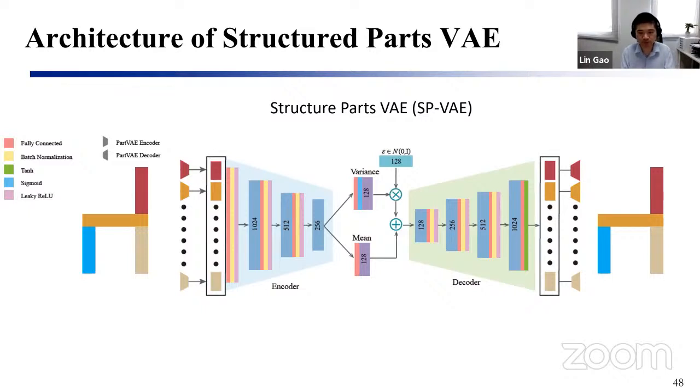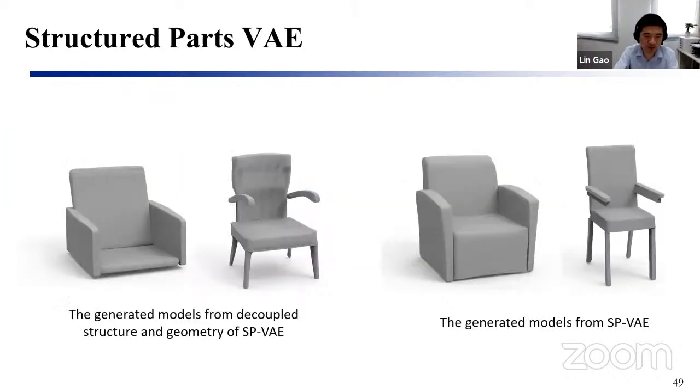And also with the graph structure, we could do some post-processing to help make the model more reasonable. So look at this figure. Because we encode the geometry details and the structure together, we could generate the model in a much more reasonable manner, like the rightmost figure.